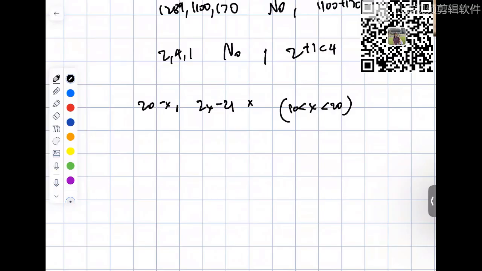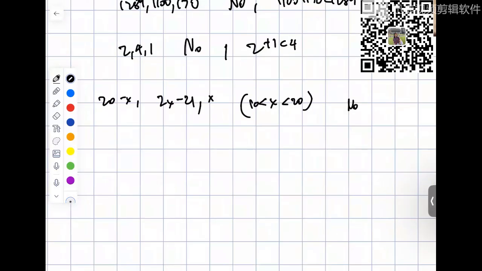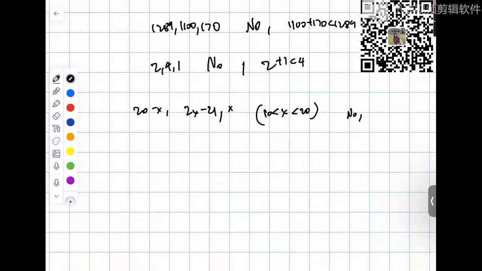Can these make a pair? Maybe make it a triangle? Yes. Or try again. How about this? It's no. And why? 2x minus 21 plus x is smaller than 20 minus x. Try a different pair of numbers.